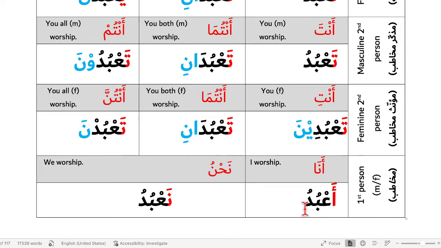I can't give a command to myself or to us, so this is also going to be out. So the command verbs come only from the second person, the mukhatib, either masculine or feminine. Any command verb will come out of one of these six combinations.